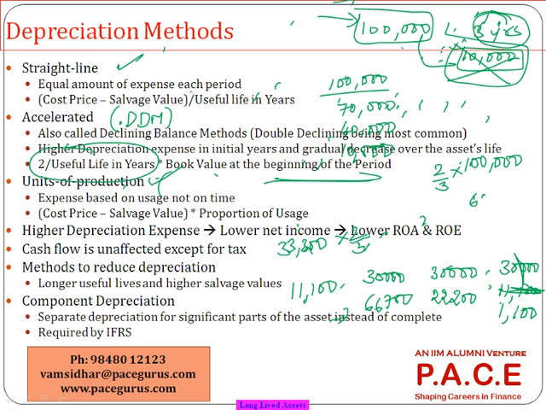Whereas in case of the accelerated or double declining balance kind of methods, the salvage value is considered towards the last, not in the beginning, right? Your final adjustment is what will happen, because only 11,100 is left, but out of that 10,000 is the salvage value. So the last year probably you take the depreciation only to the extent of 1,100. That's an accelerated depreciation kind of method.